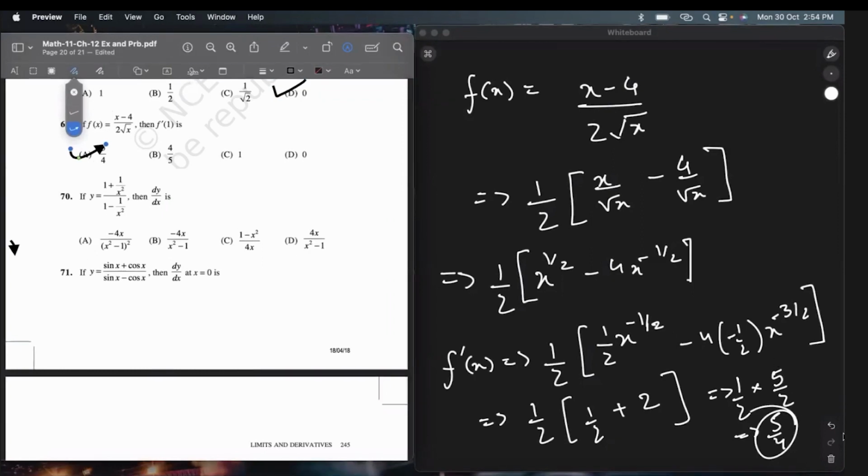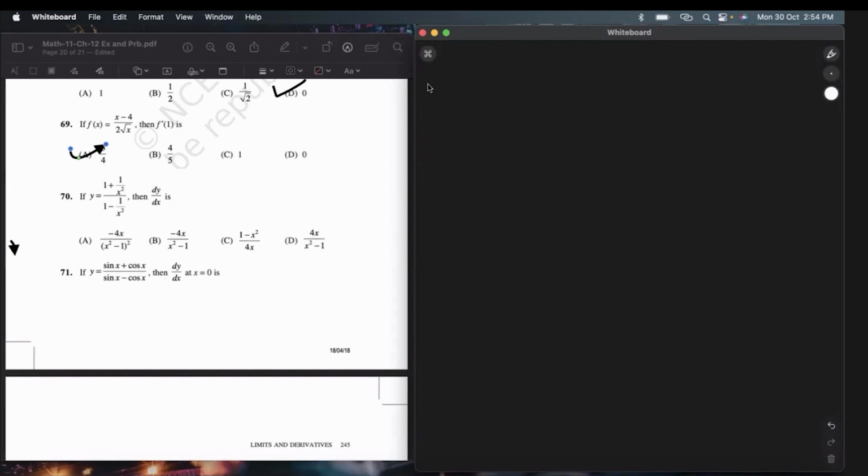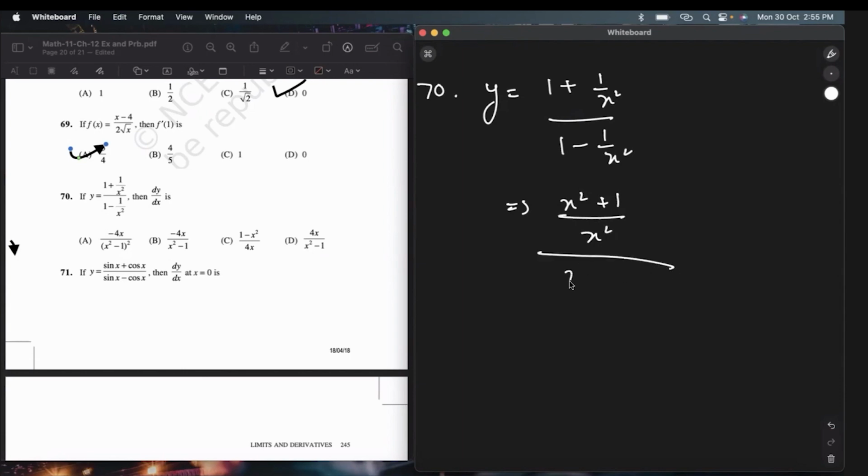Question number 70, right? So in question number 70, it has been given to me that y is equal to 1 plus 1 upon x square and 1 minus 1 upon x square. Then simply we have to just find the dy by dx for the whole term. Alright. So what we can do is simply take the LCM of x square plus 1 divided by x square and x square minus 1 divided by x square.